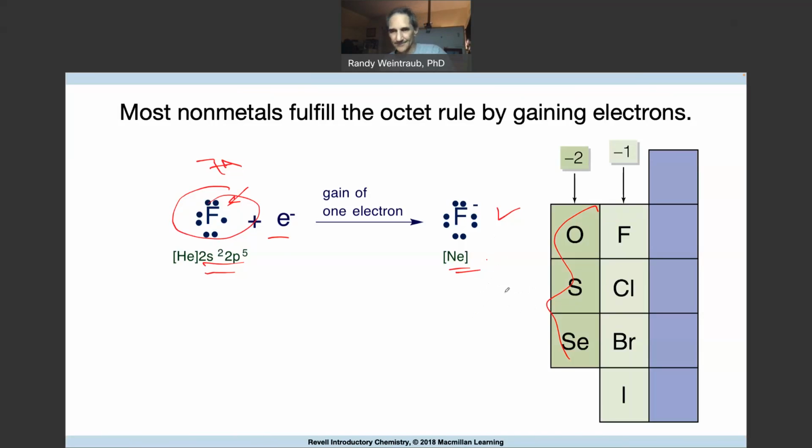Oxygen, sulfur, and selenium in group 6A do a similar process, but they gain 2 electrons, sometimes called chalcogens, this group, chalcogens. You might see that somewhere along the line, mentioned in the book.